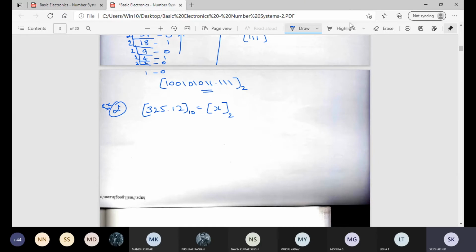Take down the integer part first, that is 325. Start dividing it by the required base number, that is 2. So proceed. I'll keep doing it.